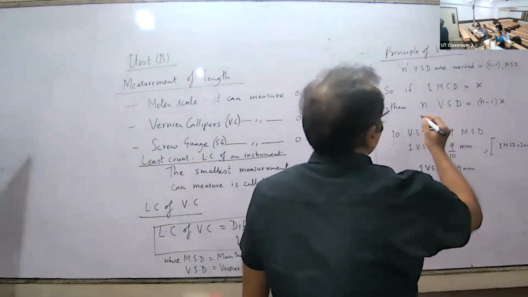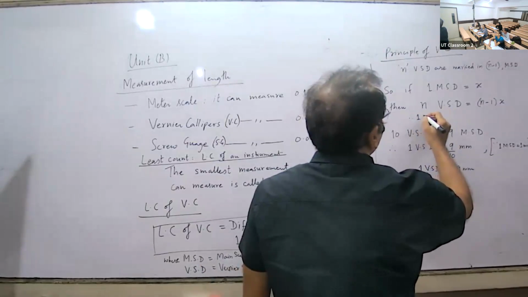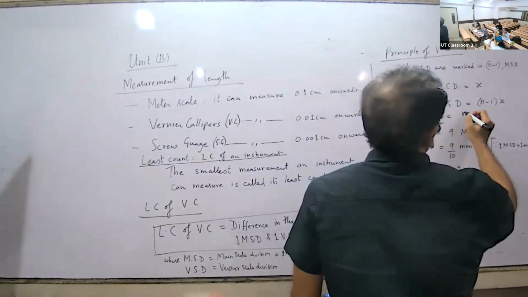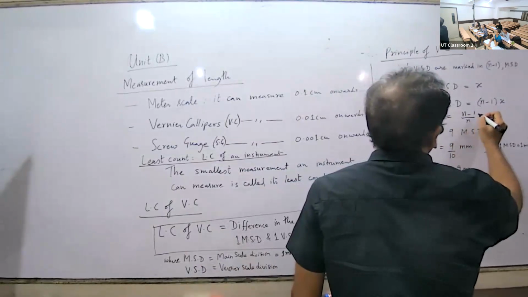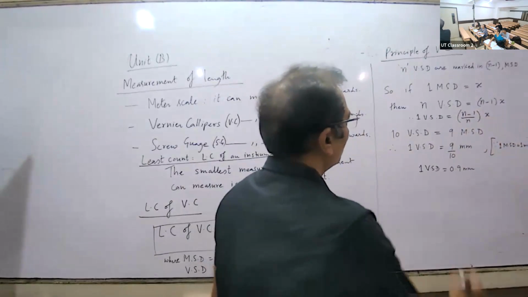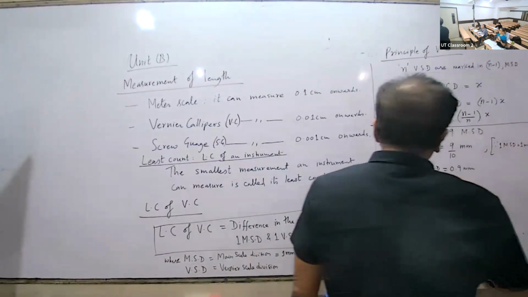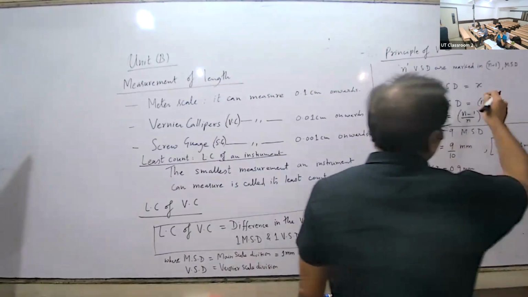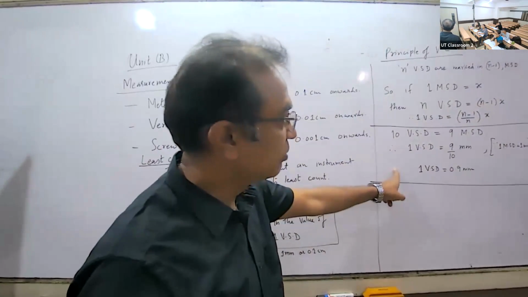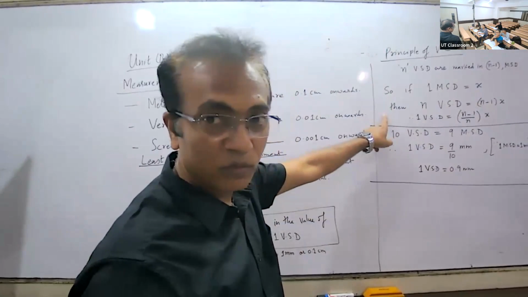So here also we get one vernier scale division is equal to n minus 1 divided by n times x. This is the general formula. So remember this. This is a special case of this formula. This is a specific example, but this is a general formula.